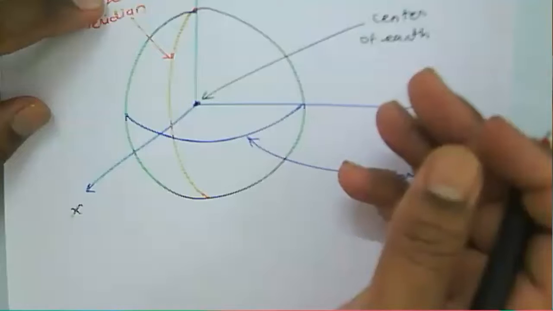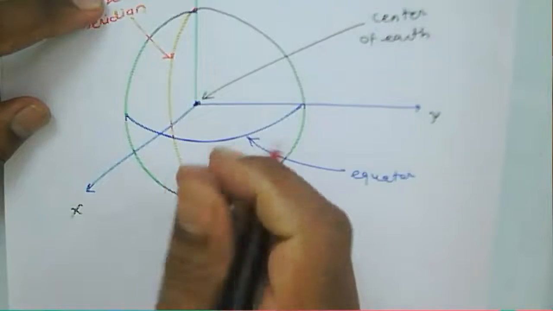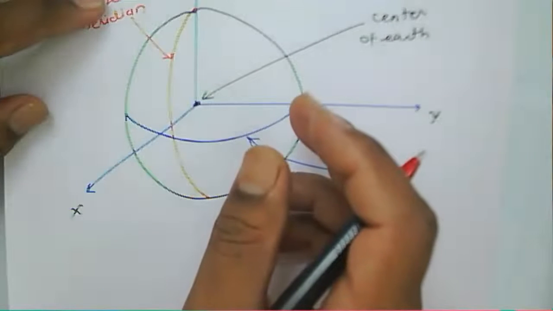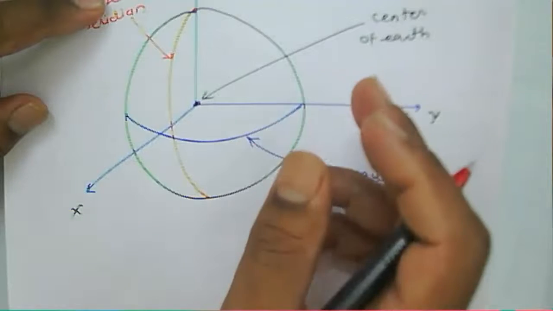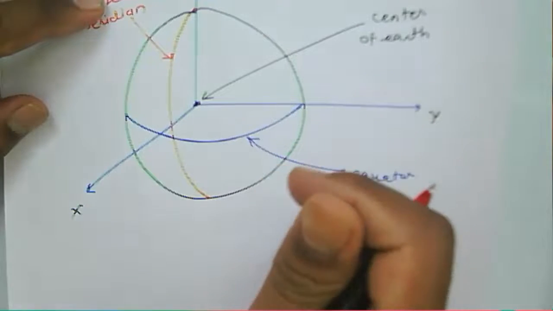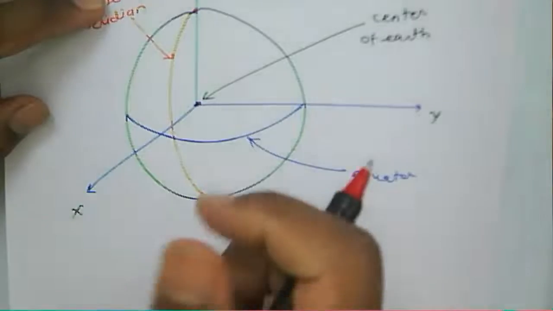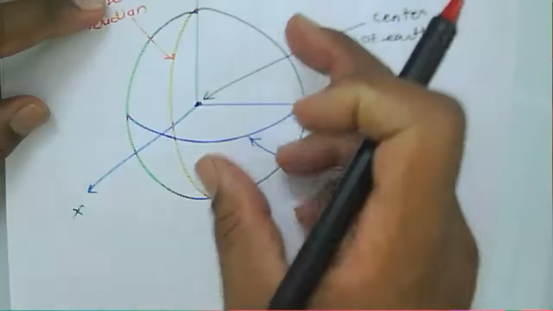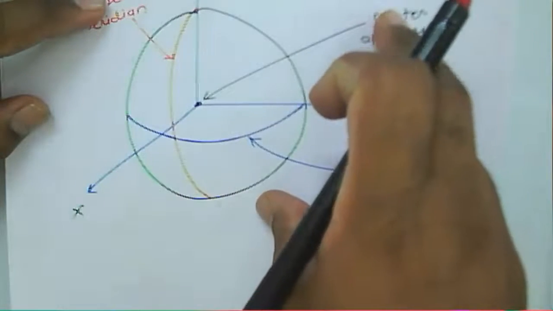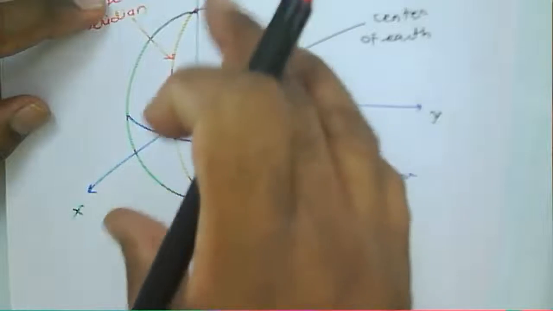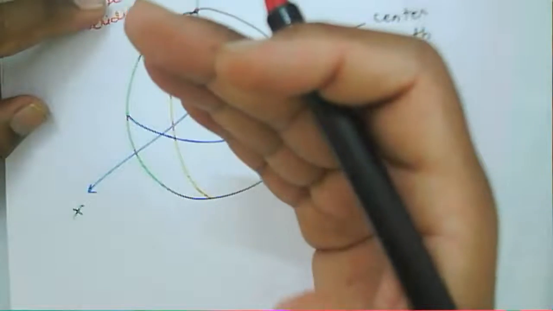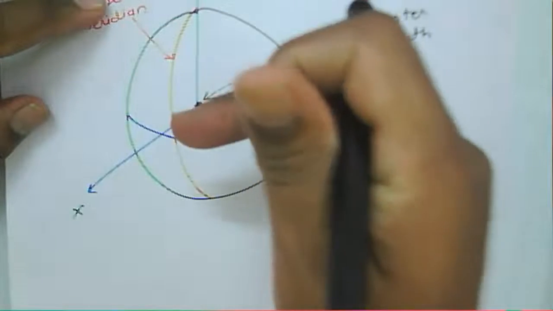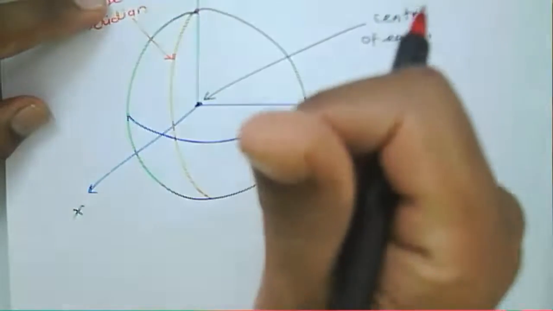Instead of those three transmitters, suppose we have three satellites, A, B, C, and we know the positions of these three satellites. They will be described by ECEF coordinates. The range is nothing but the distance from the satellite to the object, and the object is nothing but a receiver now.